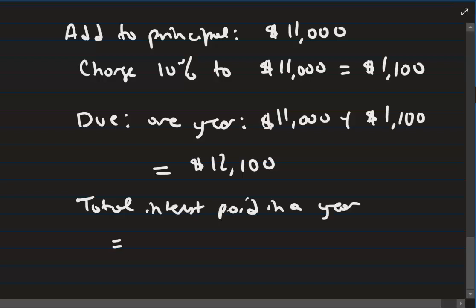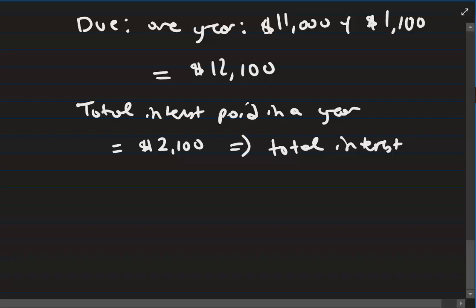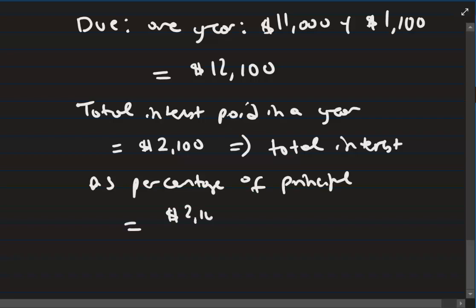Now, so total interest paid in a year is equal to 2,100. Well, that means total interest as a percentage of principal is equal to 2,100 divided by $10,000. That is precisely 21%.